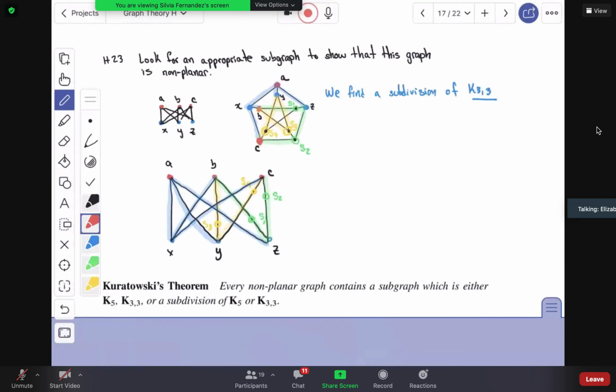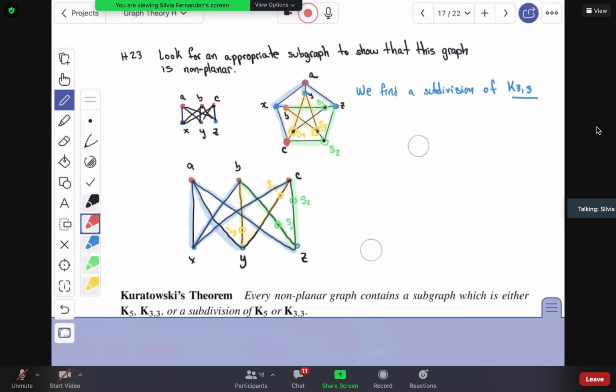It's just weird how you're labeling S1, S2, S3, S4. I'm still trying to make sense of why. Yeah, take a closer look later. I just labeled them like that so that I can show you how this graph is actually that graph, right? The highlighted edges here make this graph. That's the reason I labeled them. But the labels don't really mean anything.